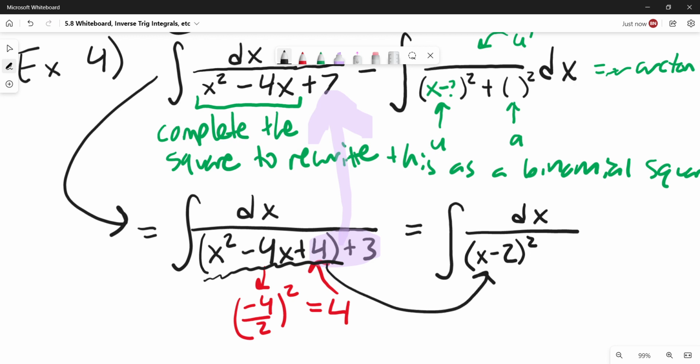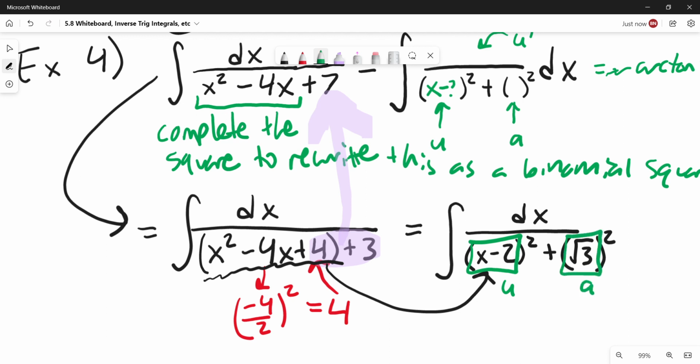Plus, now be careful because now we have to write this as a squared. We can't just write it as a number. So we need to write this as an a squared, right? So that means this is our u, this is our a.